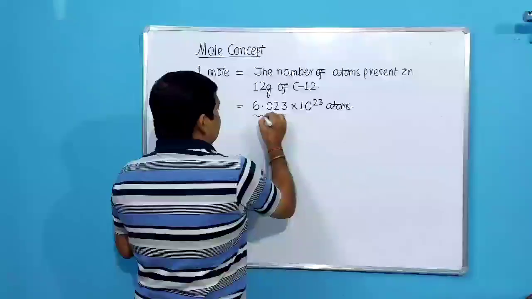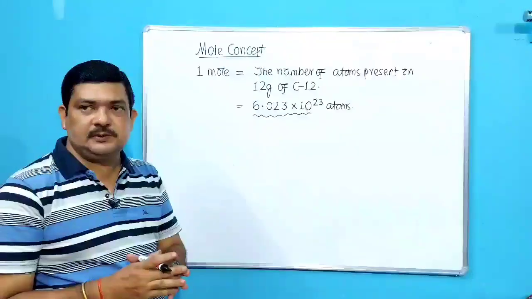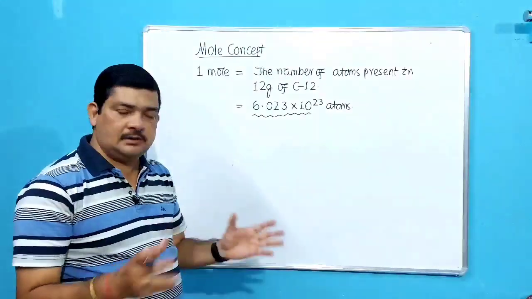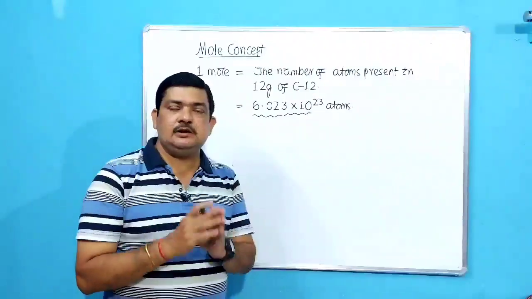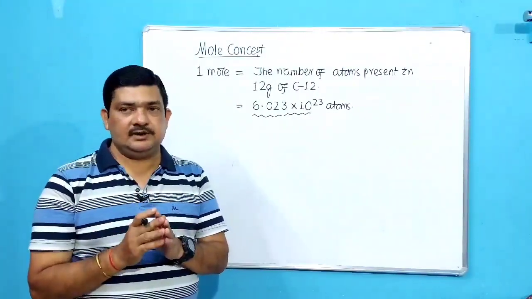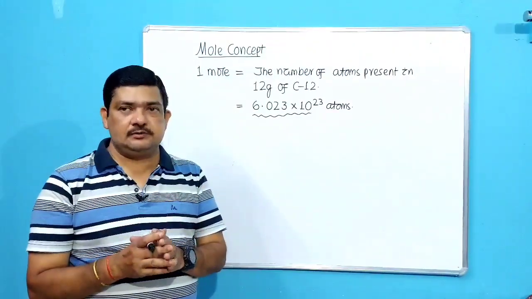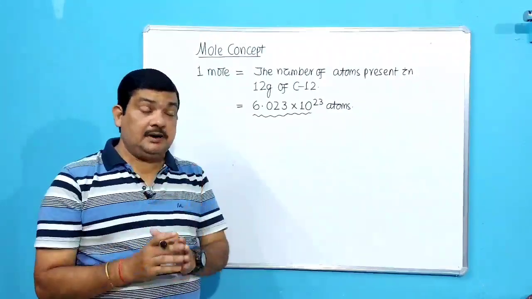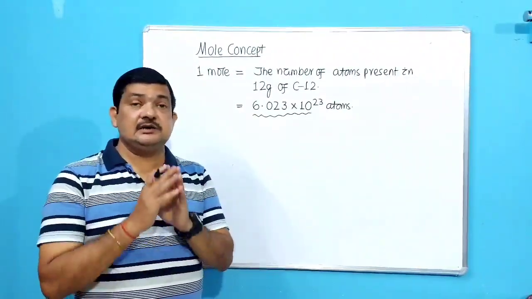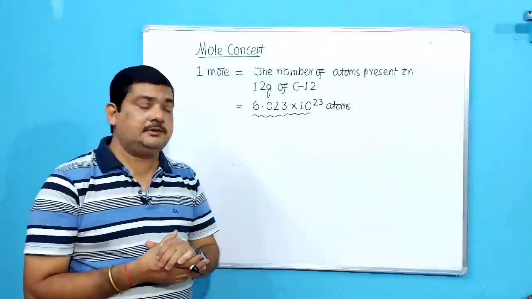And this number 6.023 into 10 to the power 23, in some books it will be given as 6.022 into 10 to the power 23. Don't worry, in your council you have to use 6.023 into 10 to the power 23. In some other books, the correct form has been given, that is 6.022 into 10 to the power 23. But remember, in our council standards, we have to remember this number as 6.023 into 10 to the power 23.